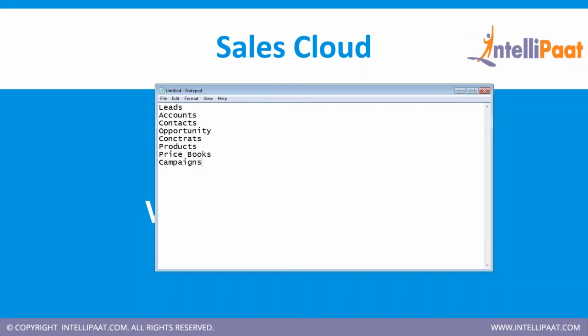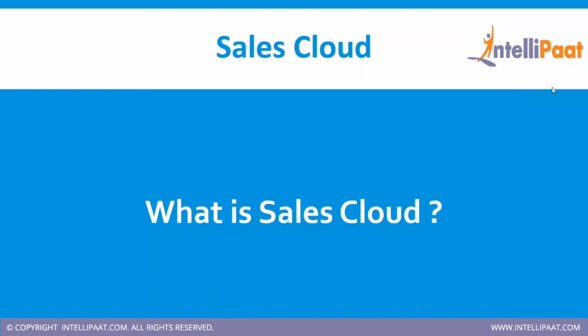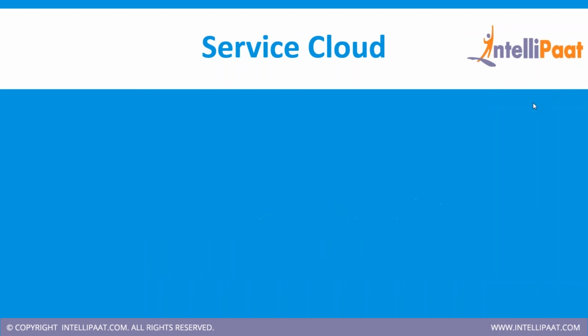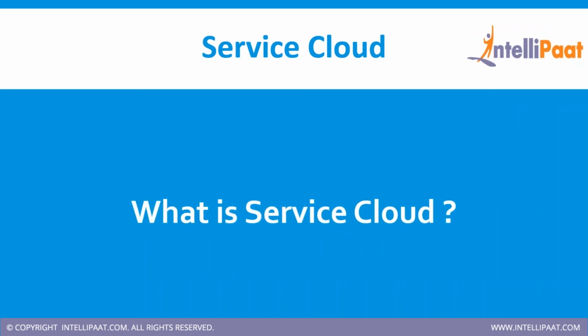They build the quote for it, a price book for every product, and campaigns for marketing purposes. These are the objects that come under the Sales Cloud, and it includes features like web-to-lead support, online lead capturing, and auto response rules. It's designed to cover the entire sales process from start to end.